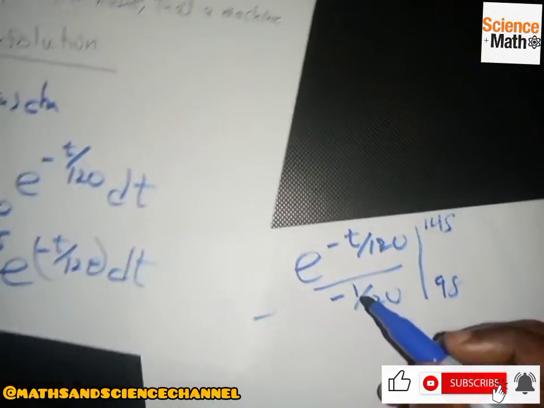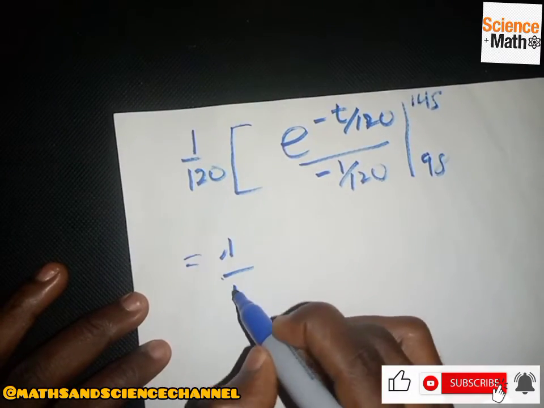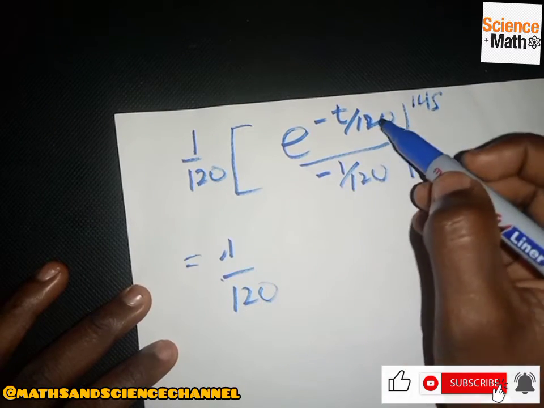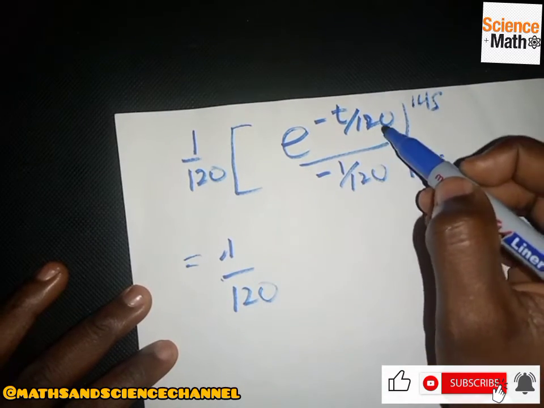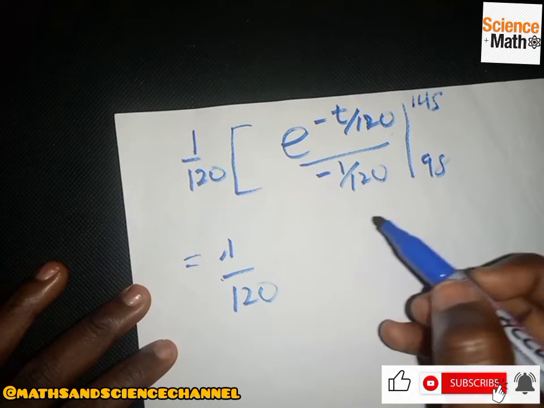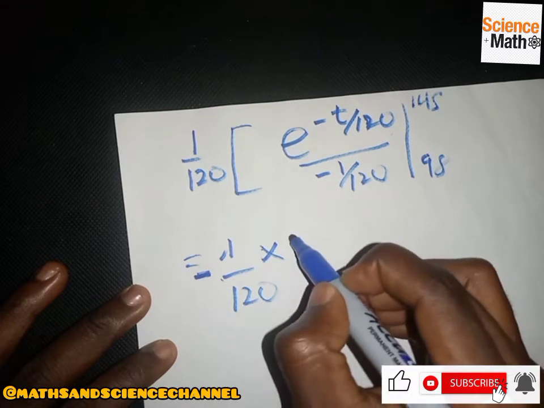So from here we have 1 over 120 here, and because we have the whole of that multiplied by just 120 over negative 1, let's bring the negative outside, then multiplied by 120.